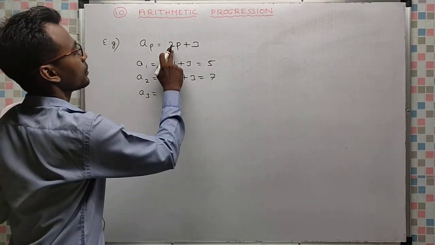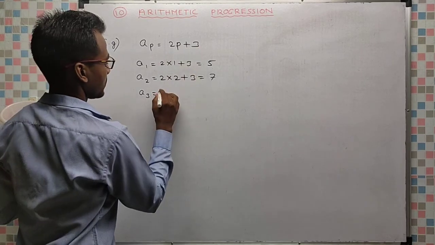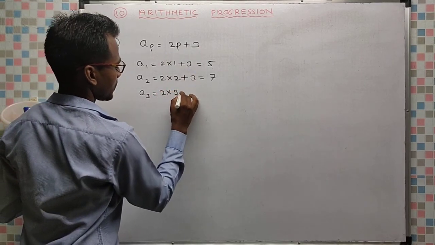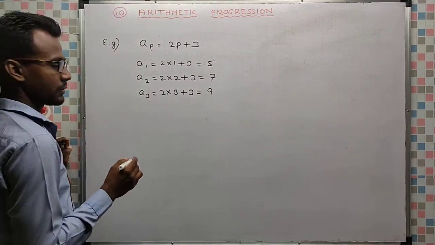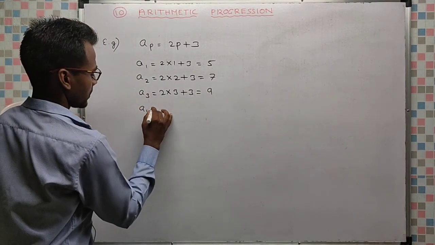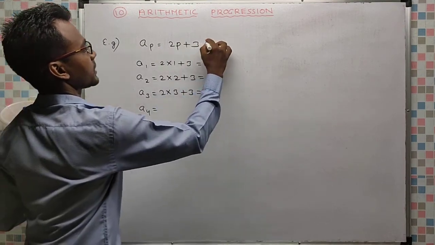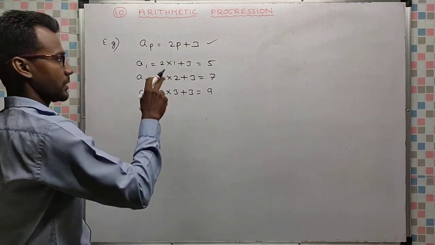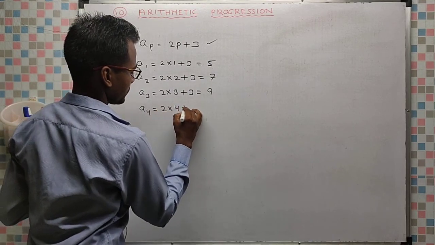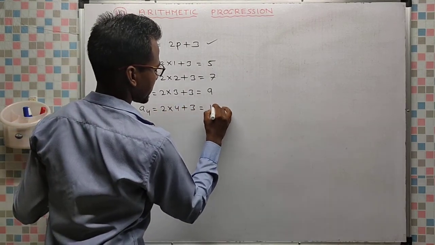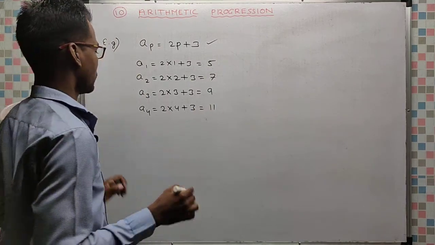A3 is equal to 2 into 3 plus 3, which is 9. A4 is equal to, this is important, for this example, 2 into 4 plus 3, which is 11. We cannot find every term.